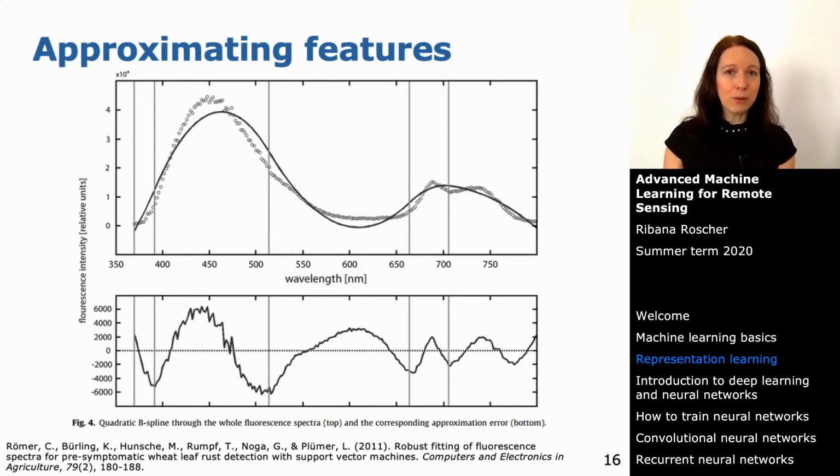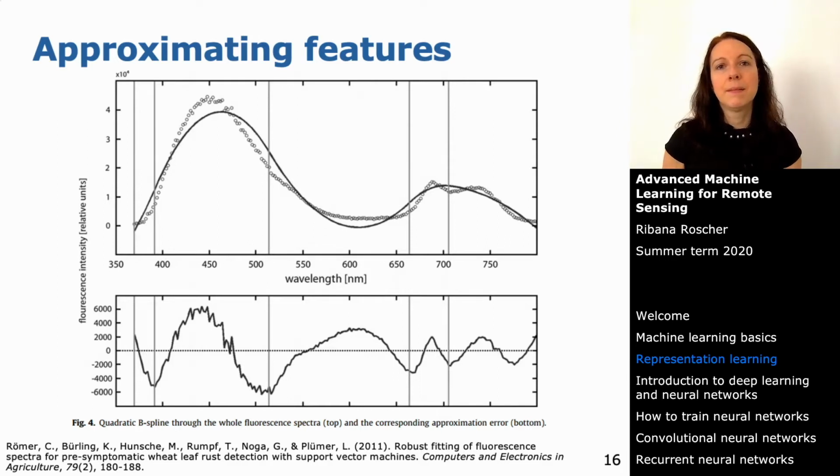And this is a totally other representation, so it's even more transforming your signal than if you only have a feature extraction or feature selection from your original input with, for example, PCA.